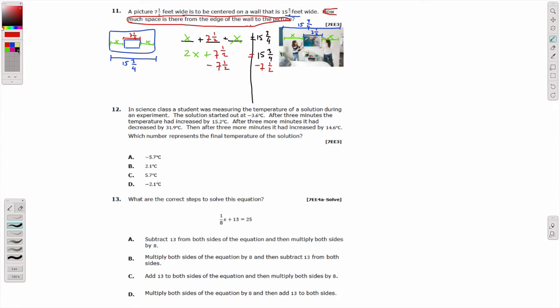All right, so now on this side of my balance line, I still have 2x. And on this side of my balance line, I have 15 3/4 minus 7 1/2.